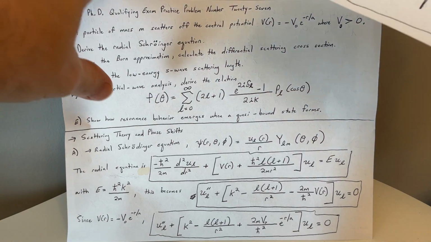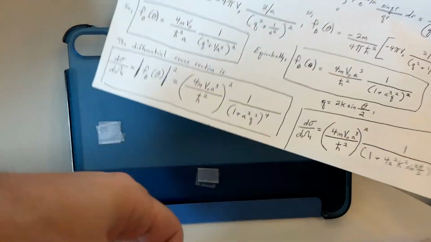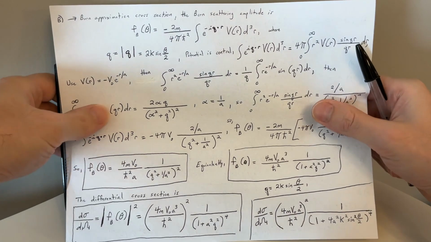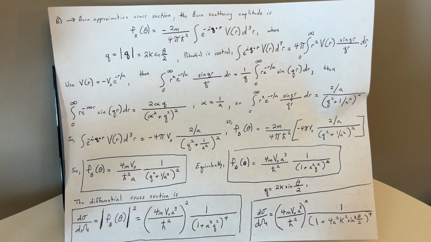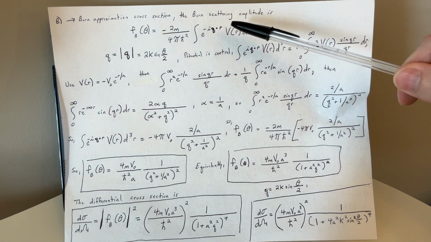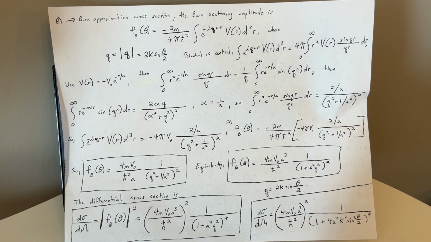Moving along now to letter B. What they want for letter B is, using the Born approximation, calculate the differential scattering cross-section. So Born approximation cross-section, Born scattering amplitude.